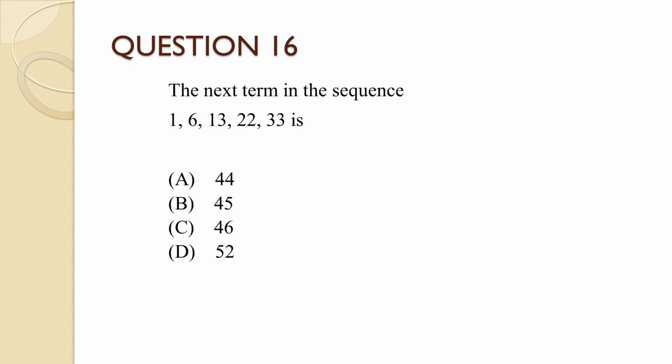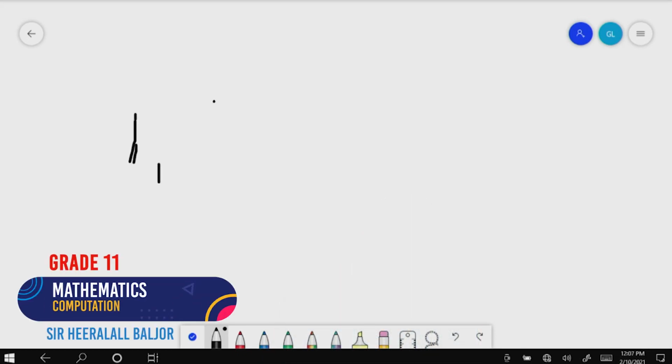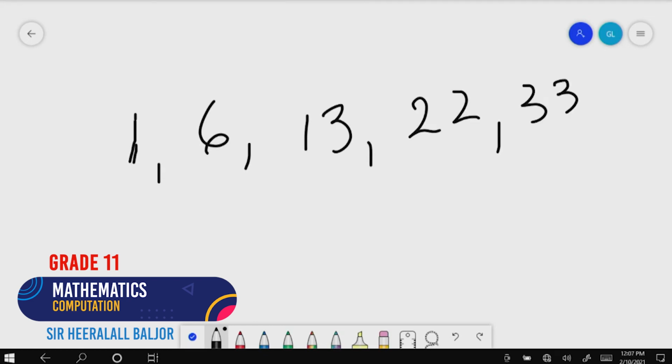The next number in sequence, 1, 6, 13, 22, 33 is, here we have a sequence and pattern question. The sequence reads 1, 6, 13, 22, 33. We want to know what is this next number.